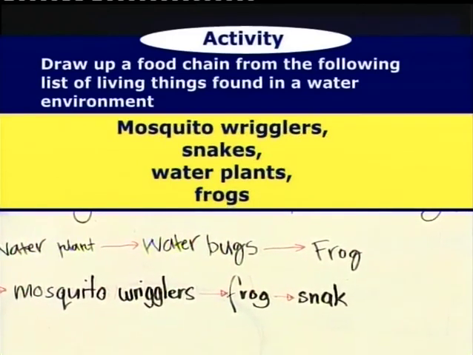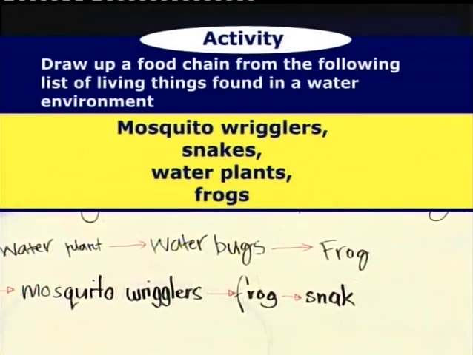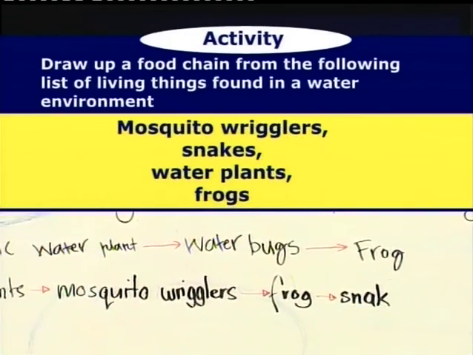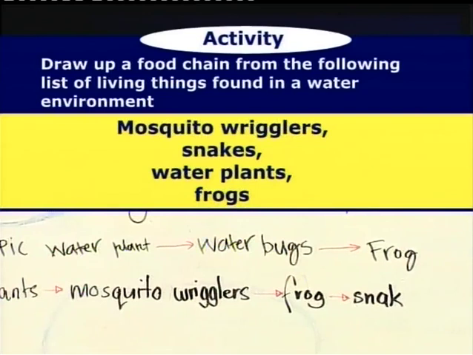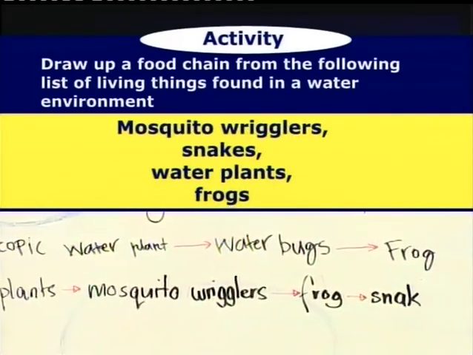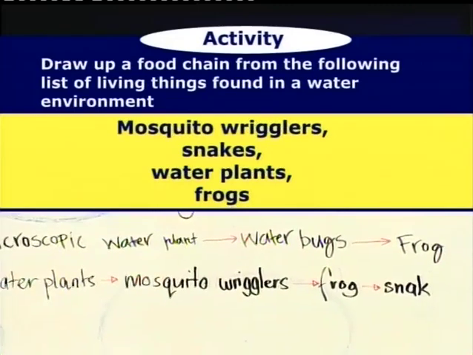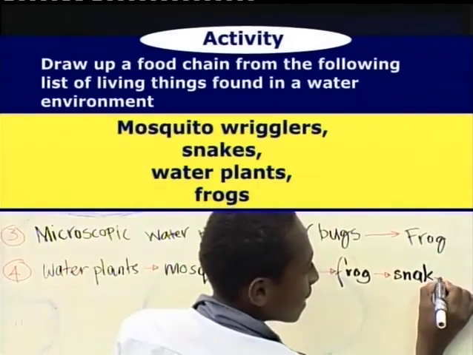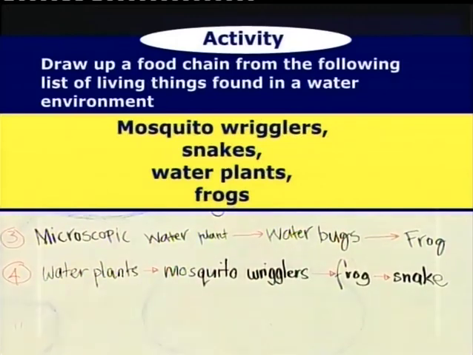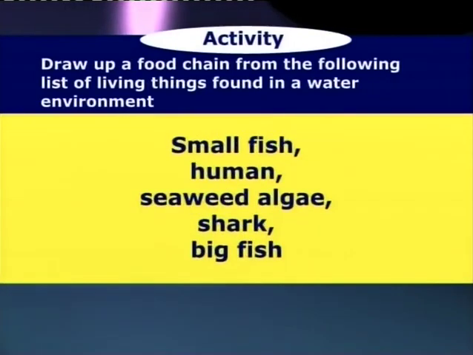Very good. Now the last one, everyone together. Small fish, human, seaweed or algae, shark, and big fish. Hopefully you can put that into a food chain. Algae is the green plant-like substances which are found in the water.